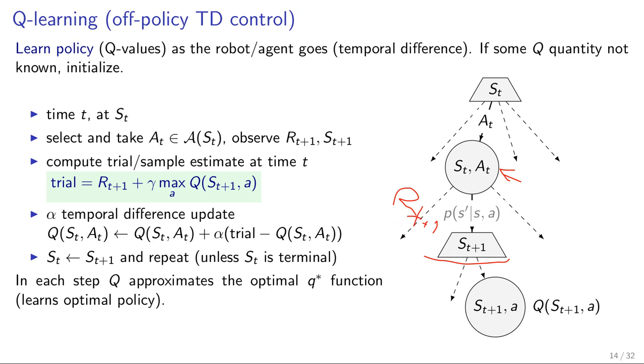The difference between them is this instantaneous reward. And so this allows you to do the update. So you're comparing this, which is this trial, with what you expected, and you're using it to update your estimate here. Okay, that's the idea of temporal difference learning.